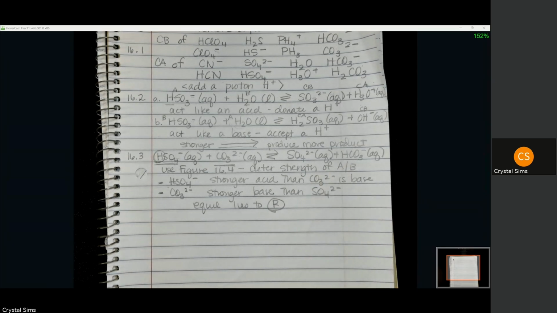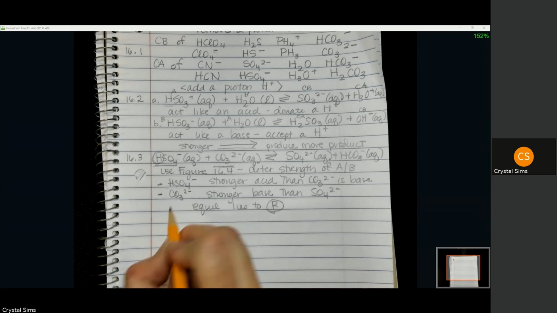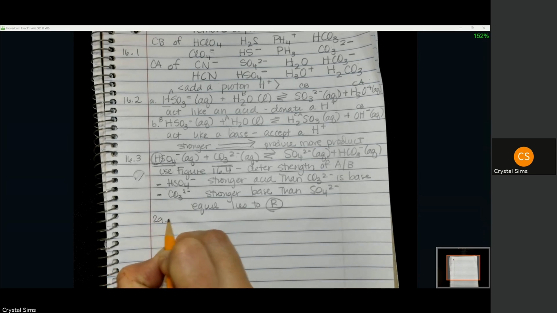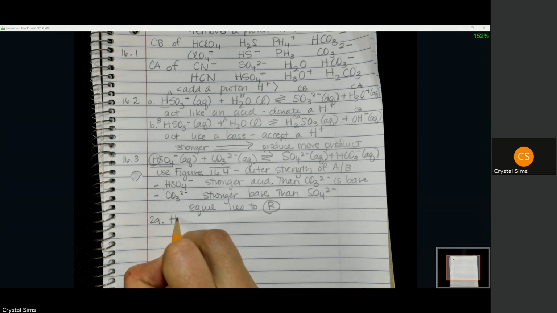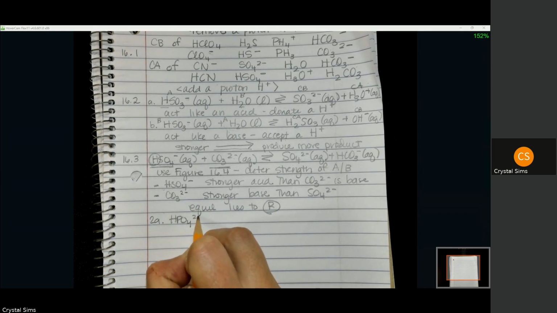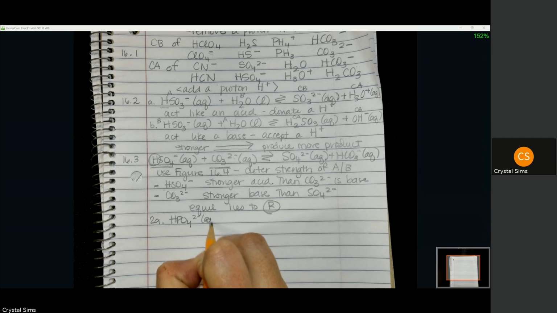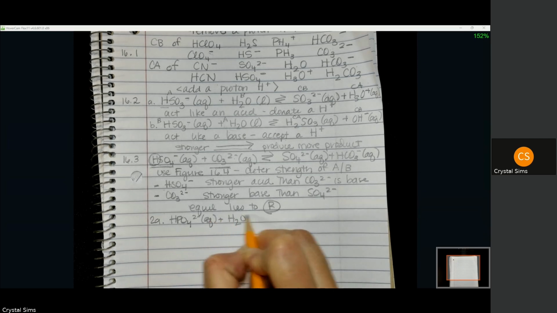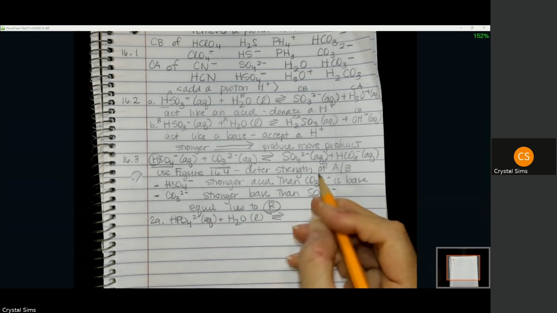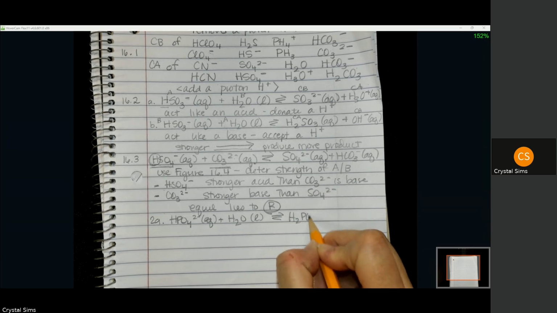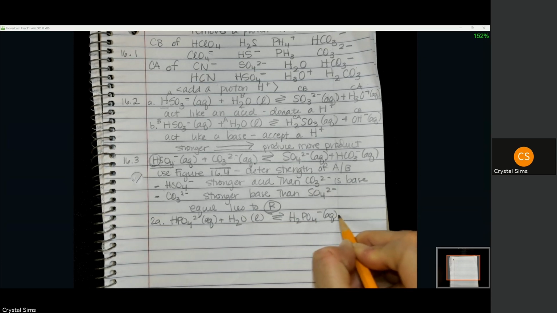Now, in that same exercise, practice exercise, where's that? Practice exercise 2A gives us another example. So we have HPO4 2 minus plus water gives us H2PO4 minus plus OH.